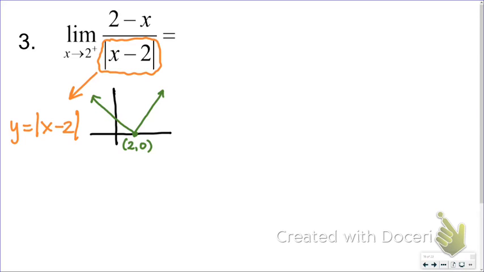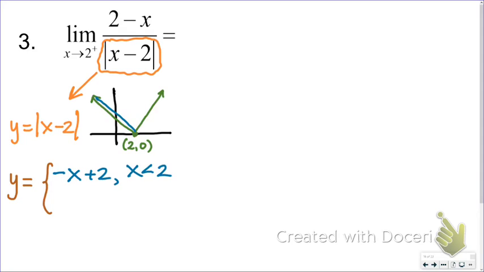And it can be written as a piecewise function, okay? So this can also be written as this first line here, this side, is negative x plus 2. And that happens when x is less than 2.